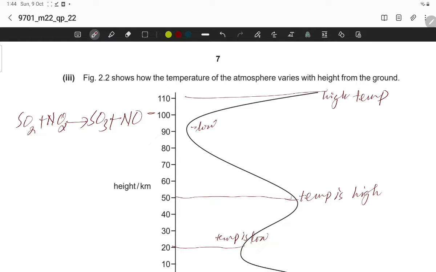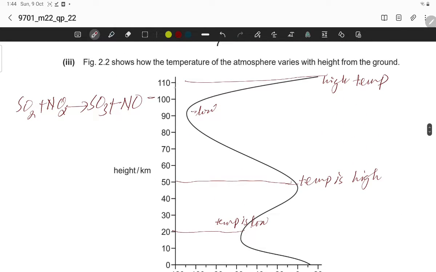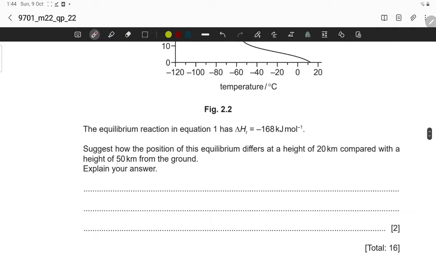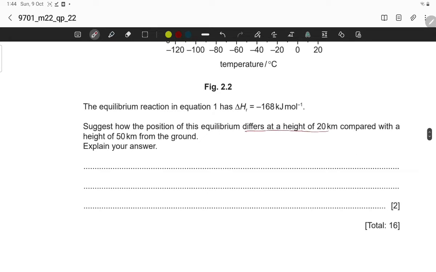The equilibrium reaction in equation 1 has delta HR of minus 168 kilojoules per mole. Suggest how the position of equilibrium differs at the height of 20 kilometers compared with the height of 50 kilometers from the ground. Explain your answer.